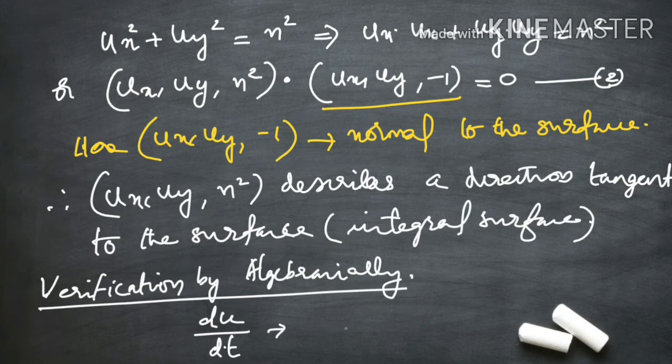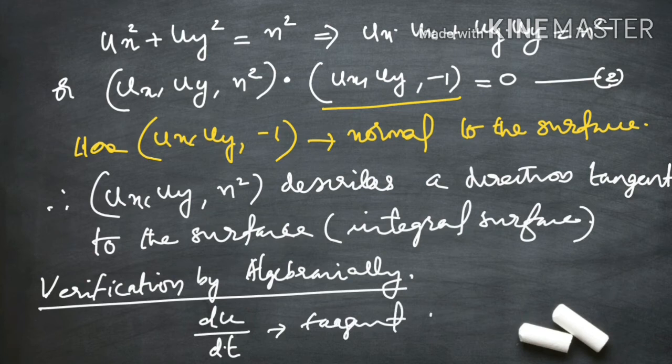So we need to show that for this vector, du by dt is equal to n square. Then this will be the tangent to the surface.